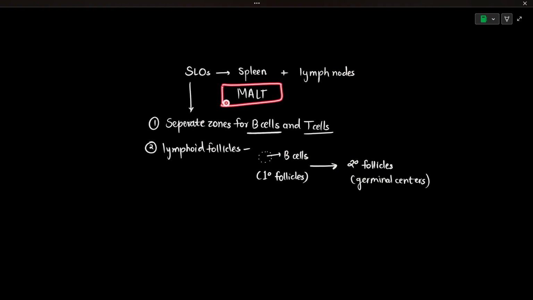But MALT, mucosal-associated lymphoid tissue, is less organized and is present in the areas where the internal organs have a point of contact with external environmental factors. We'll discuss this in a separate lecture for mucosal associated lymphoid tissue. We'll discuss Peyer's patches and tonsils. All of them are less organized, and the MALT tissue does not have this fibrous capsule.